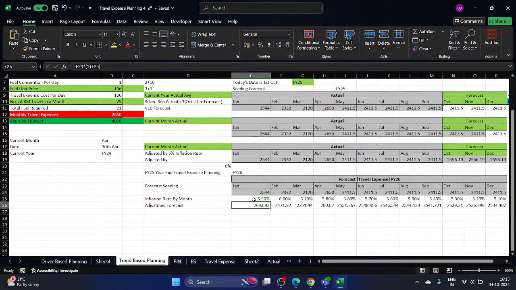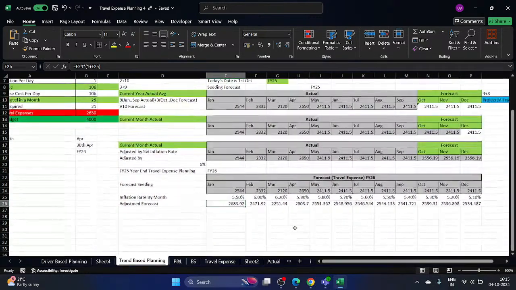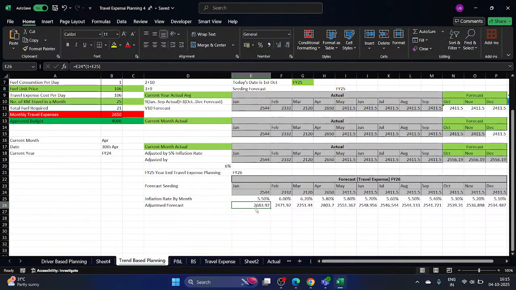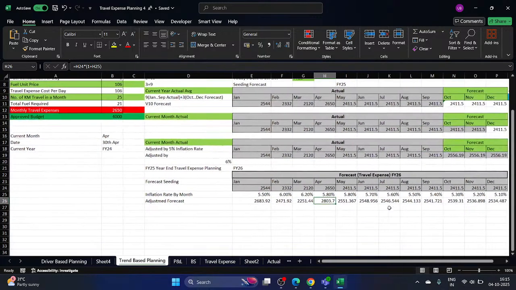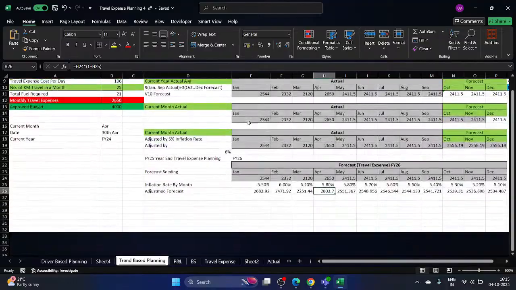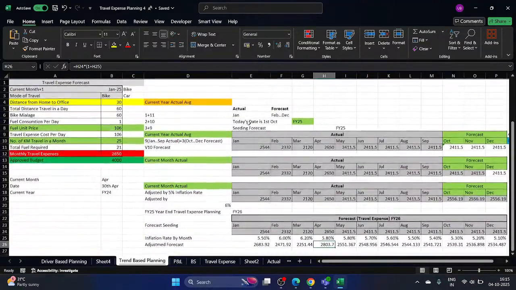So this is the actual expense multiplied by 1 plus inflation rate. When we multiply it, the resultant figure would be there, and the same thing we have to do here. So this is actually the trend based planning.